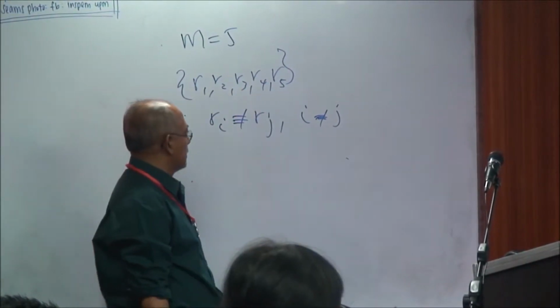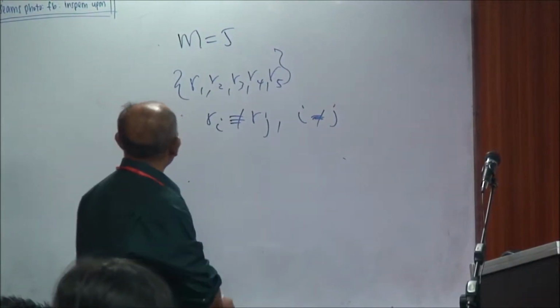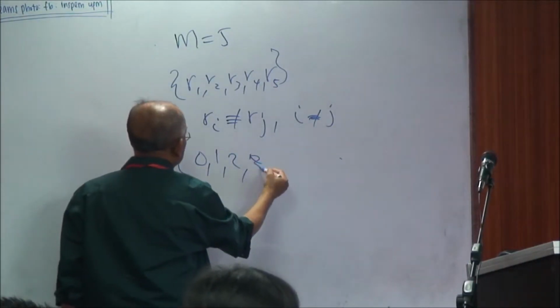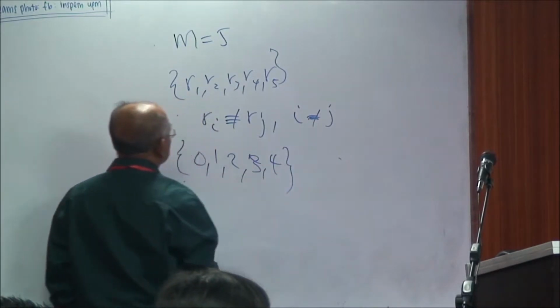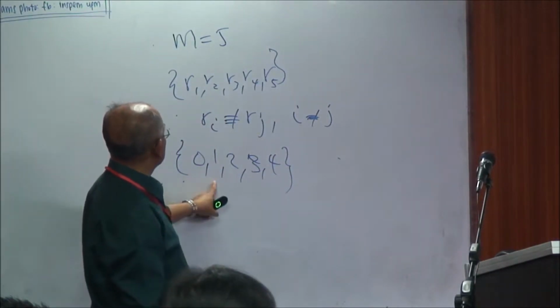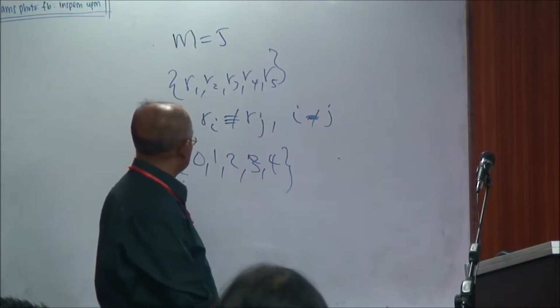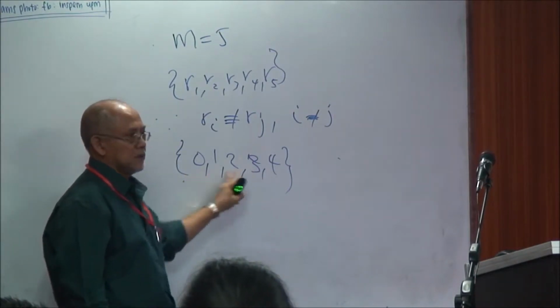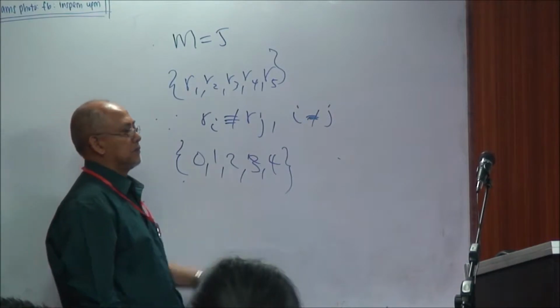So this is a complete residue system. A simple example would be 0 to 4, right? This is a complete residue system modulo 5, because we know that for every integer, the least residue would be among these 5 of them.